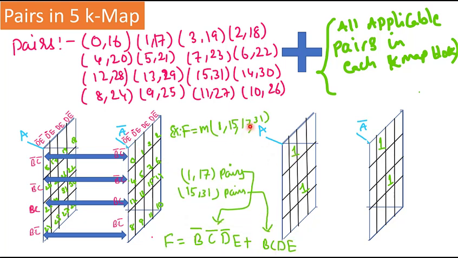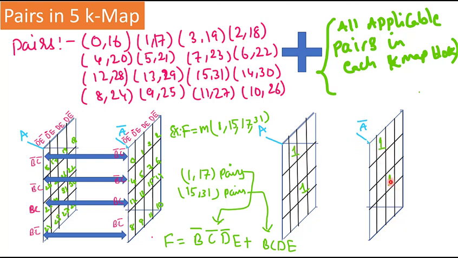1, 15, 17, 31. If you look at here, this is 1, and this is 15, and this is 17, and this is 31. 1 and 17 are at the identical location. That means if you look at the min terms, b bar, c bar, d bar, e with a plus a bar, that means you are going to get b bar, c bar, d bar, e. You can clearly see your literal a is eliminated because it is getting complemented when you move from this term to this term.